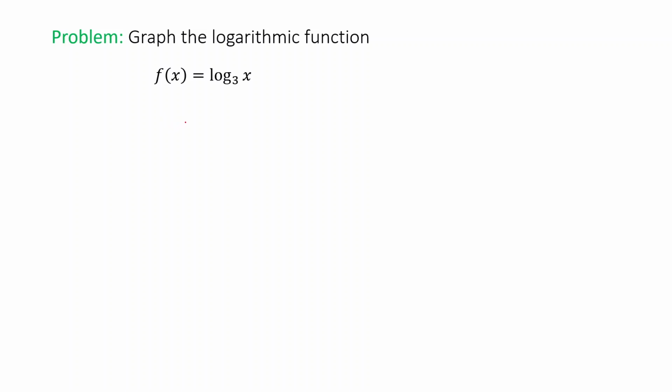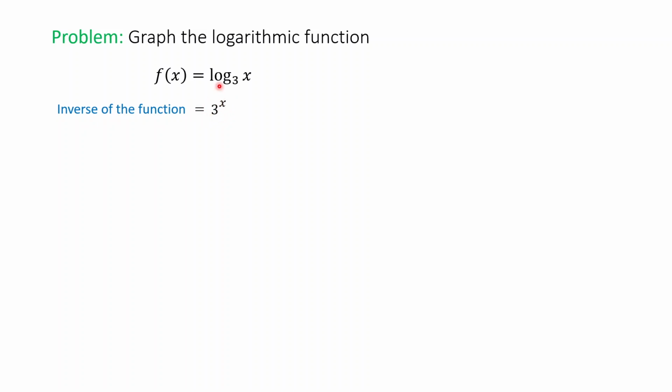Now I am going to draw the graph of this logarithmic function. To draw the graph of a logarithmic function, you need to write the inverse of the function. So for this function, the inverse is 3 to the power, with y as the exponent.